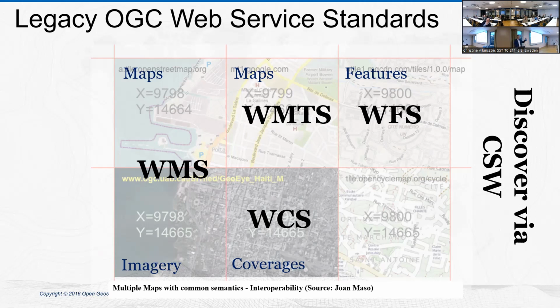If you needed to query the features independently and make your own calculations, you grabbed a feature service. And all this would be discoverable via a catalog service. That was the architecture of what we refer to as the OWS, OGC Web Services standards. You'll recognize that WMS and WFS are both also published in ISO as 19128 and 19142 respectively.